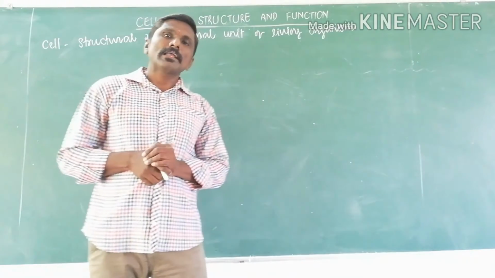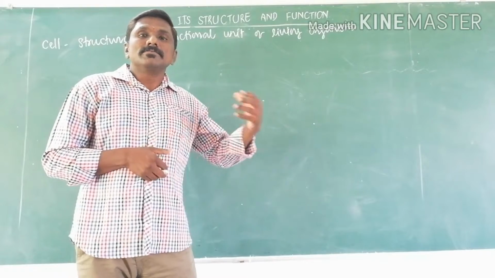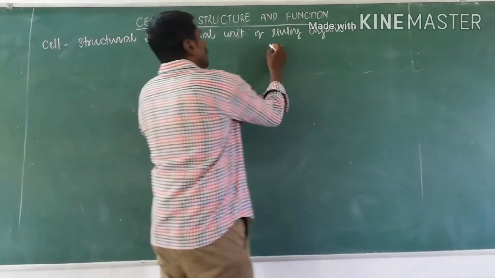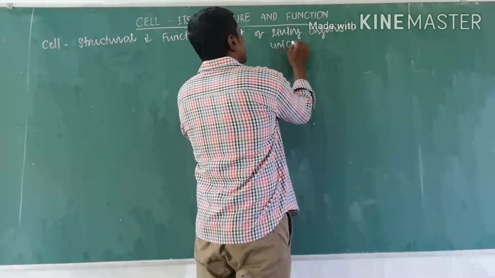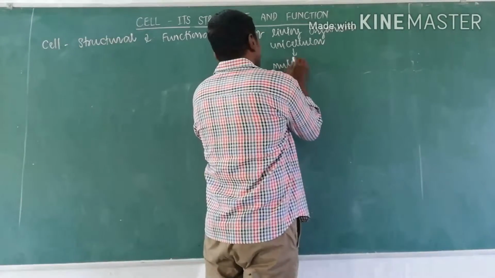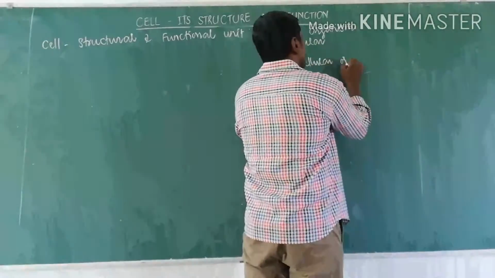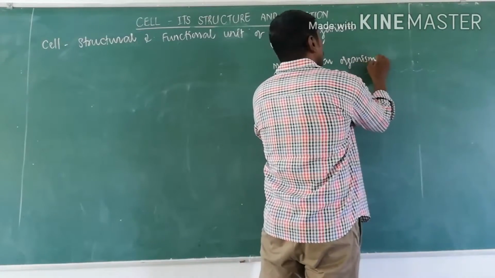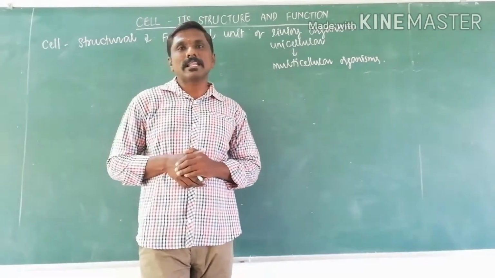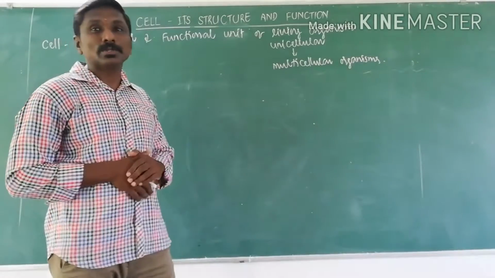Cell is the structural functional unit of the living organism. Why is it called the structural and functional unit? Cells are present in almost all the living organisms, starting from unicellular to multicellular organisms.